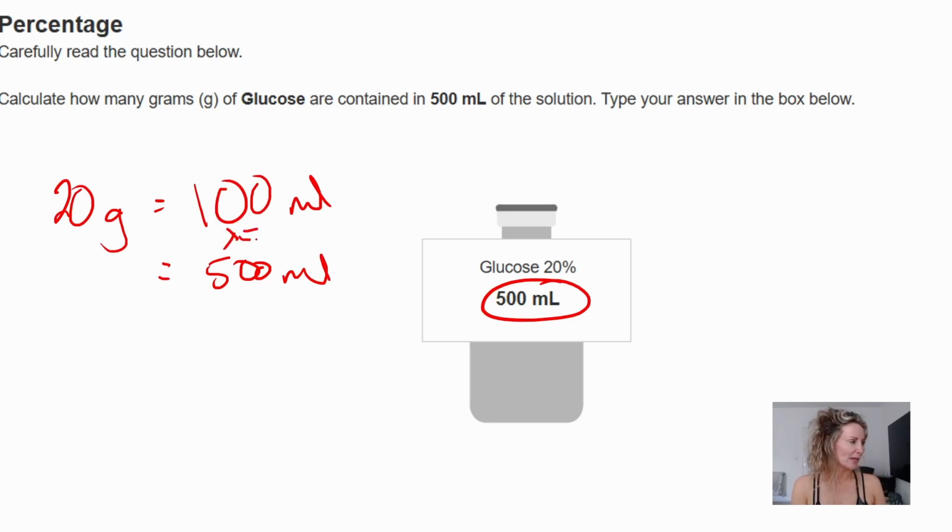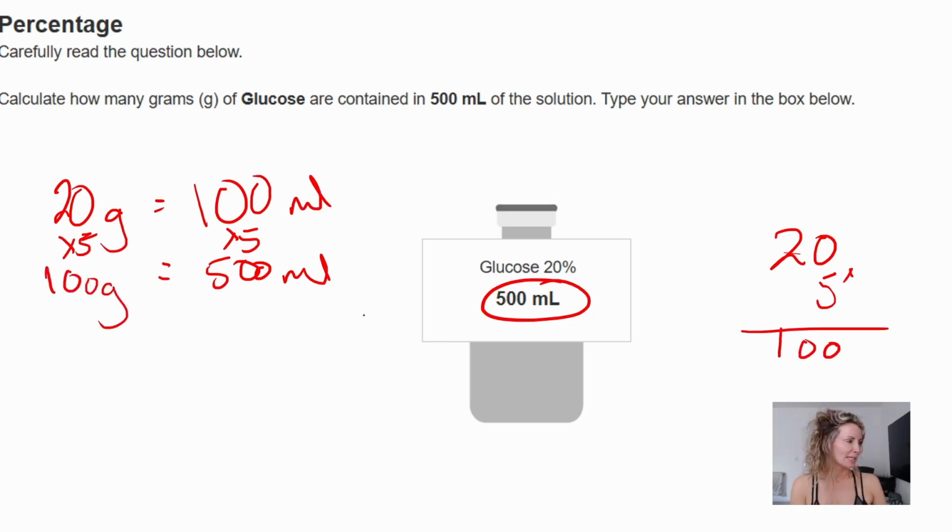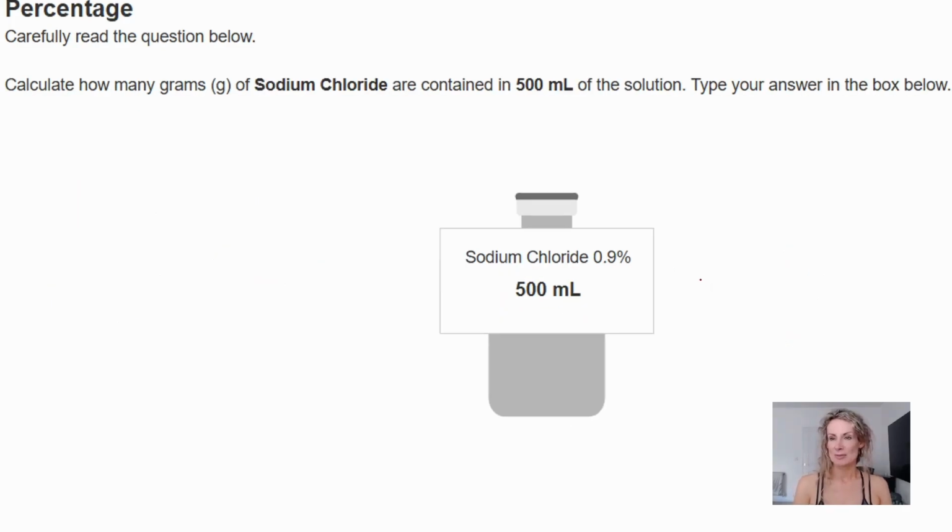We times by 5. So we do the same thing on the other side. So that's going to be 20 times by 5. 5 times nothing is nothing. 5 times 2 is 10. So that means 100 grams equals 500 mils.